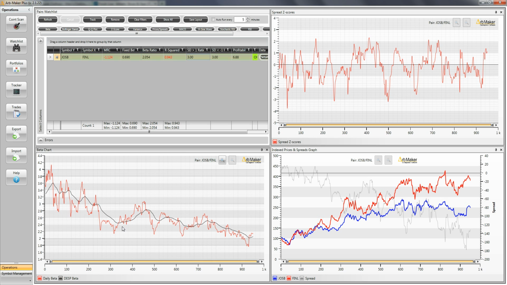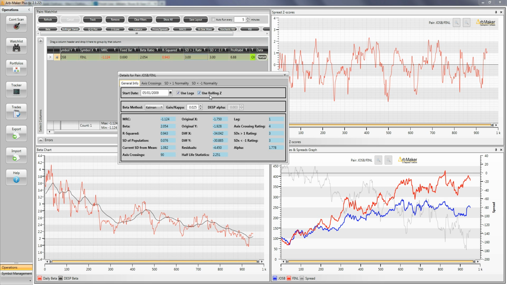That is to say, the price relationship between symbol X and symbol Y. That's represented by the red line. The Kalman beta is plotted with the black line. Here, you may remember we used a gain value that was 0.025. If I reduce this, that's going to reduce the sensitivity of the beta that's used in the rest of the algorithms.